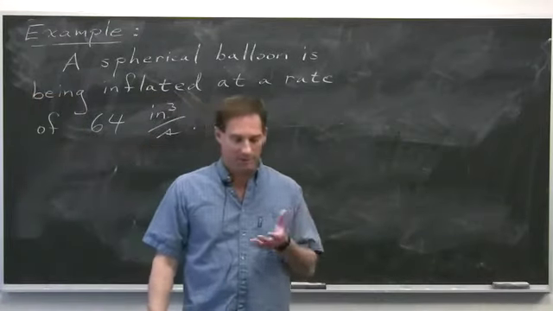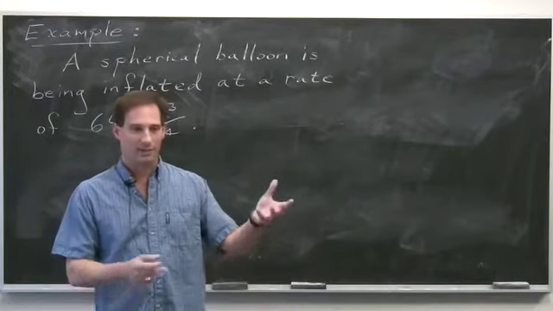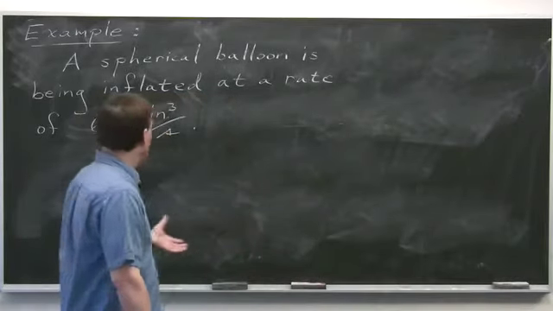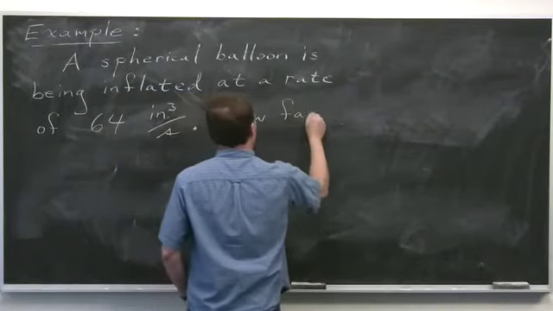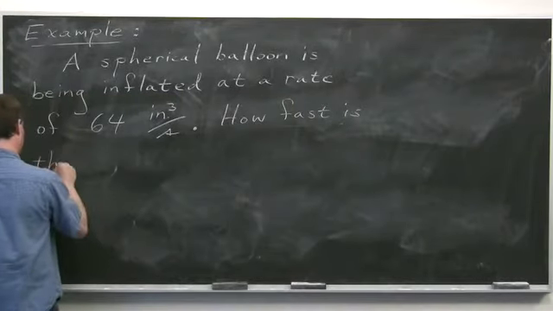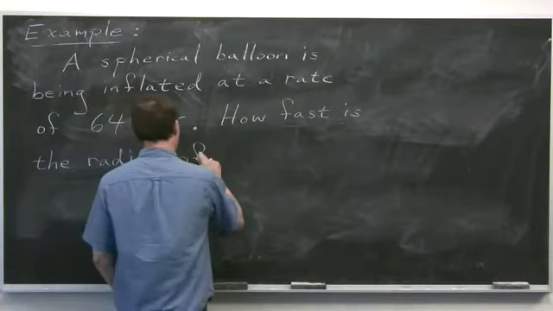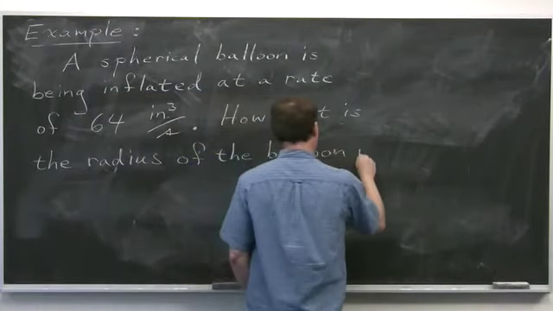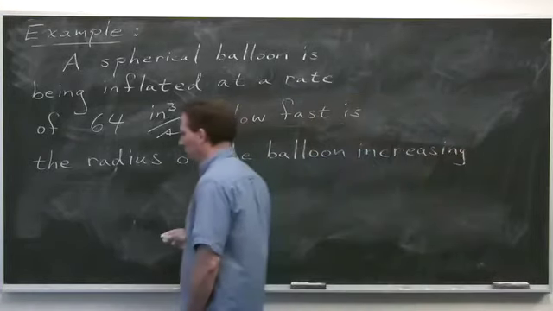So you're inflating this balloon. I'm thinking of by hand or by mouth, that you're just blowing up the balloon yourself, not that it's hooked up to a pump. 64 cubic inches per second is reasonable. My question is, how fast is the radius of the balloon increasing when the radius is 3 inches?